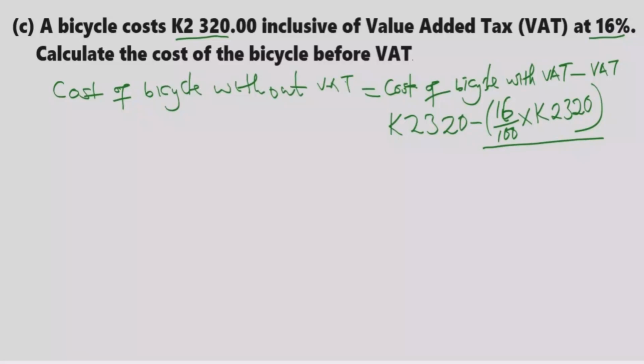So what we do now, we focus on this side until we deal with all the numbers in brackets. So that means we'll continue writing, equal to 2,320. We'll continue writing the price of the bicycle with VAT, then minus, this 2 and this 2, they cancel each other out. Then we have 10 there.